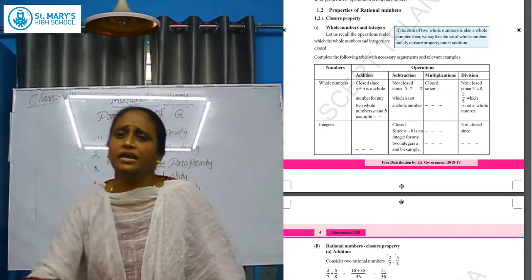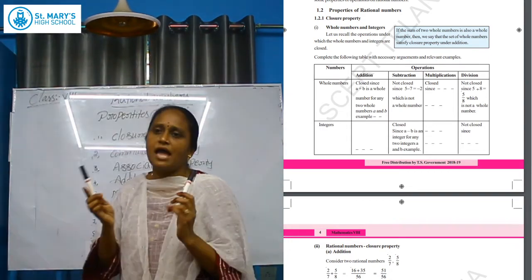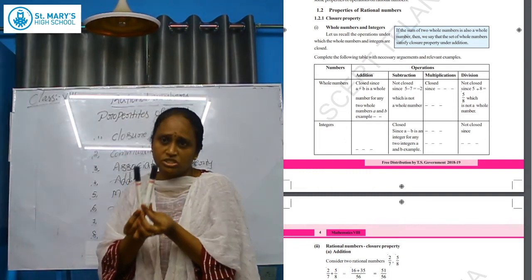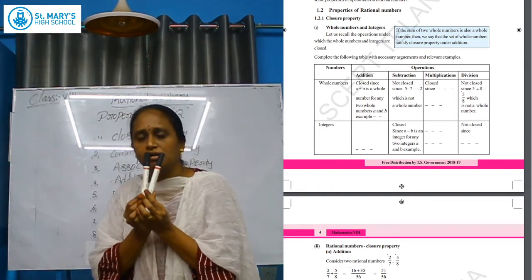For example, I am holding 2 pens; these 2 are rational numbers.